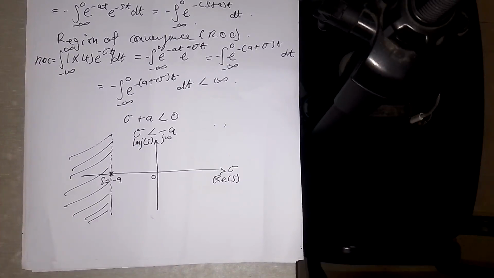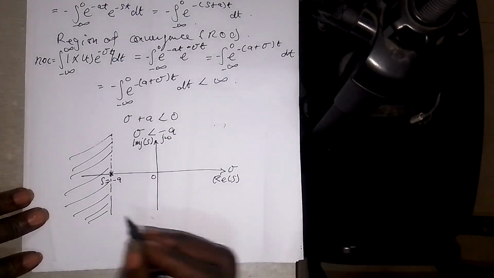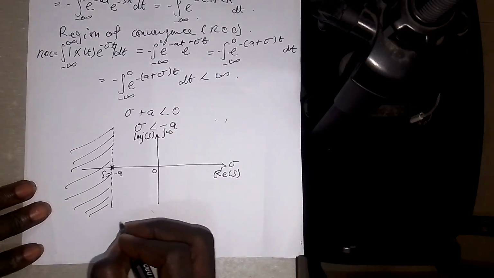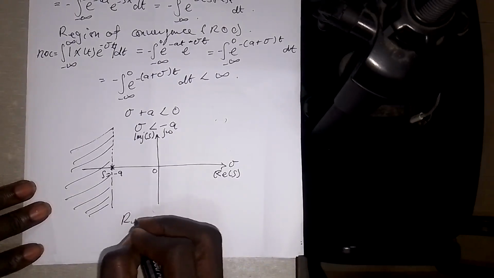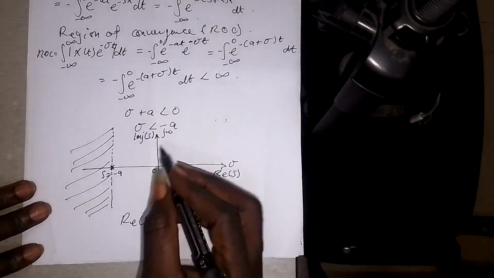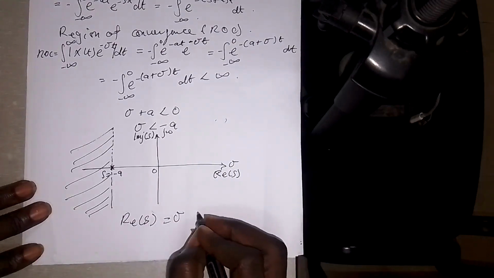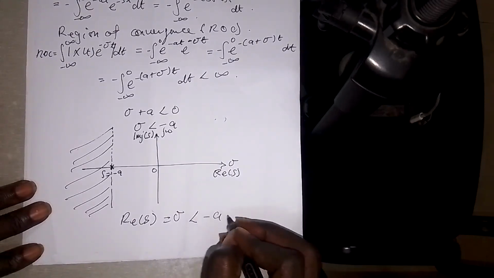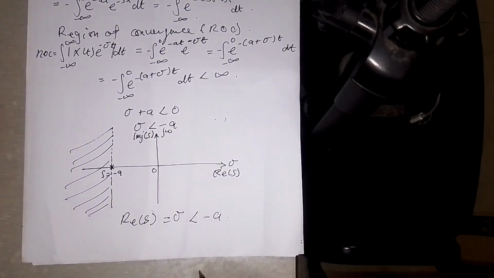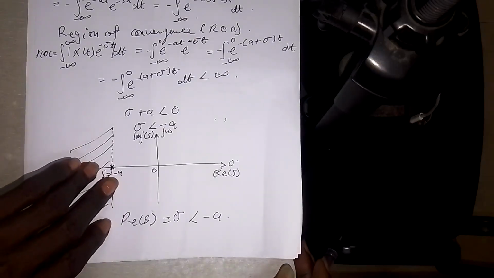Having been able to finish my region of convergence, I can now say that my region of convergence, Re of s, which is the same thing as sigma, is less than minus a. Having determined my Re of s, I'll have to go on and find my integration.